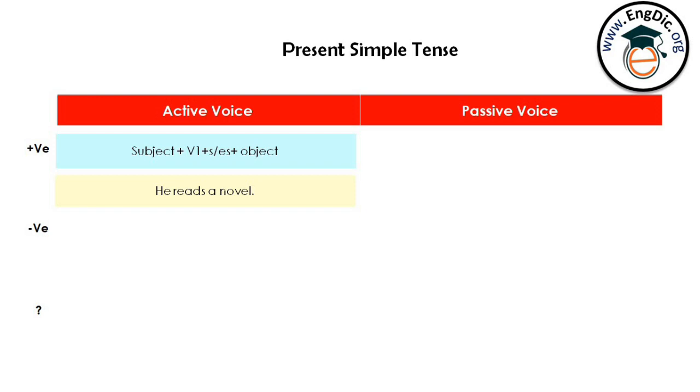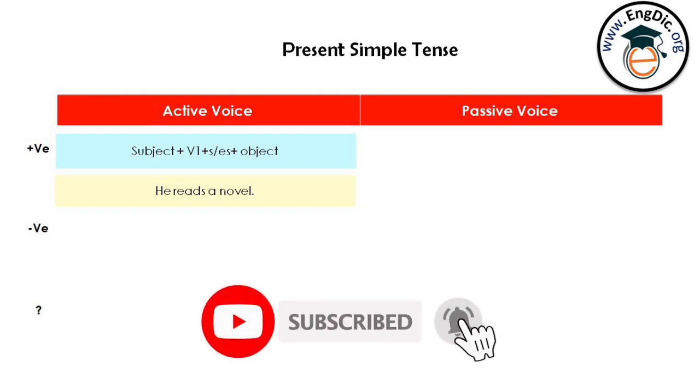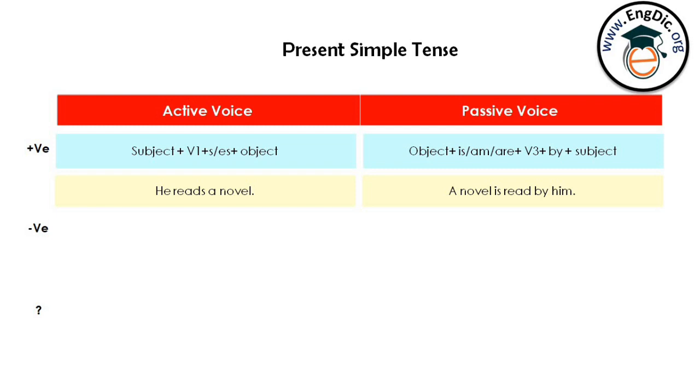So here you can see, first we have put the subject, the first form of verb read, then we put the helping verb s, and then the object a novel. He reads a novel is the active voice. Now, the question arises, what is the passive voice of this sentence?